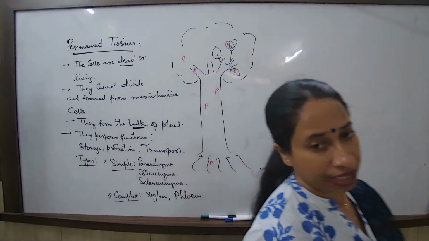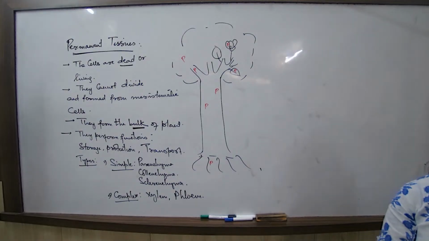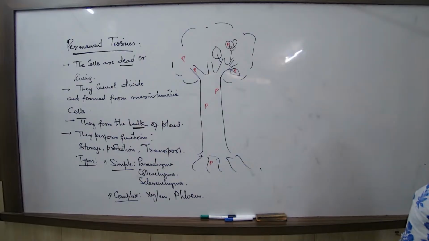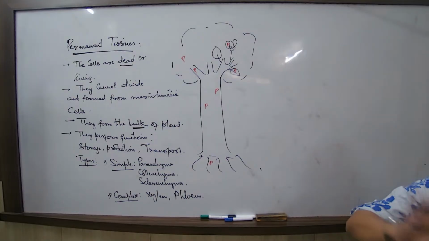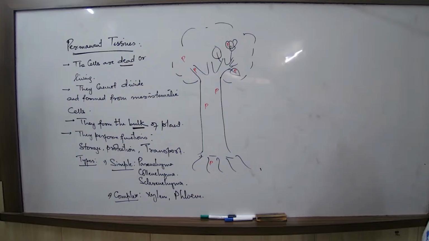Get acquainted with the names, the words. Simple permanent tissues, how many types? Three types. What is the meaning of simple permanent? The cells are all of the same type. Permanent tissues where the cells are all of the same type, that is simple permanent tissue. What is the meaning of complex permanent then?